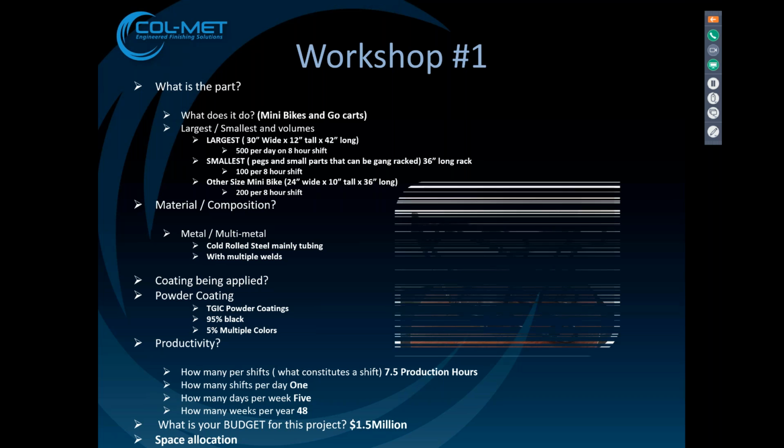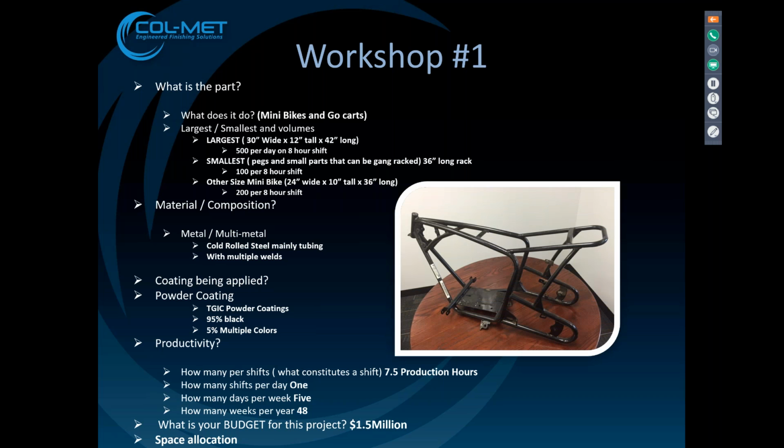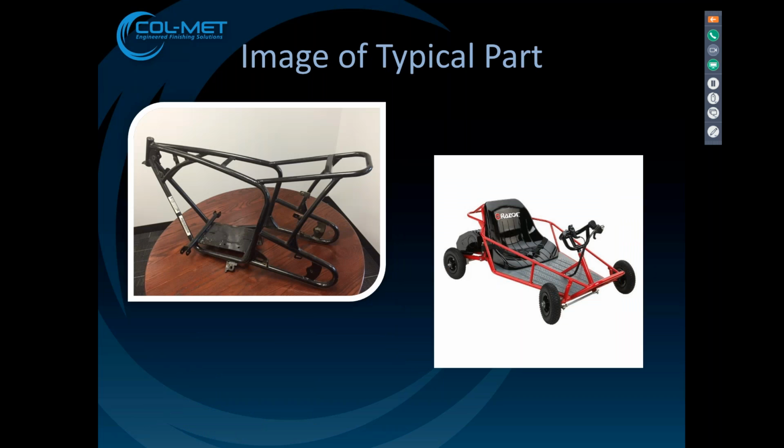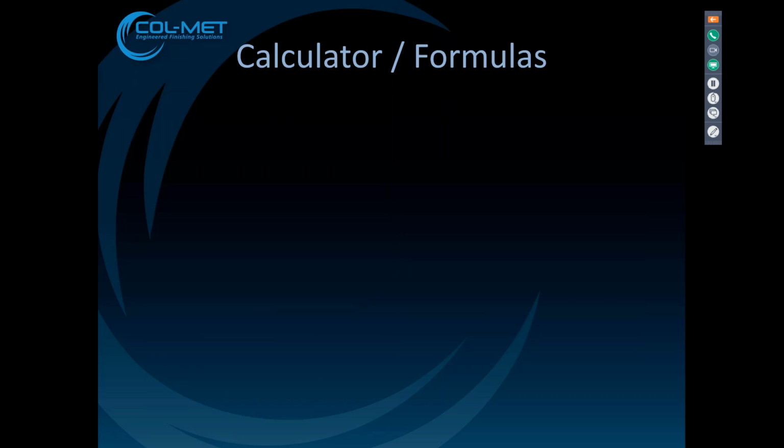Space allocation is key as well, as we've already discussed. Here are some images of the typical part. So let's apply the information that we found to the calculator and the formulas. His largest part is 42 inches. When taking into consideration the distance between parts, we have 4.5 feet, and his volume per day is 500.